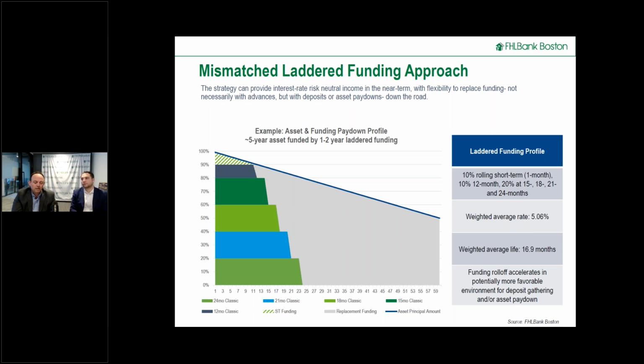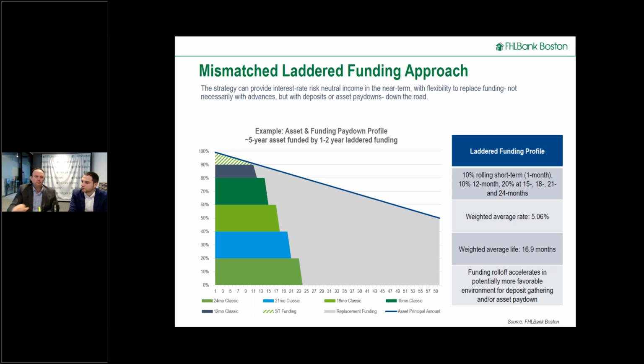But then really, I think the big appeal here is that it manages nicely with that swoosh profile for the income simulation, where this is a strategy that is interest rate risk neutral in the near term, right?